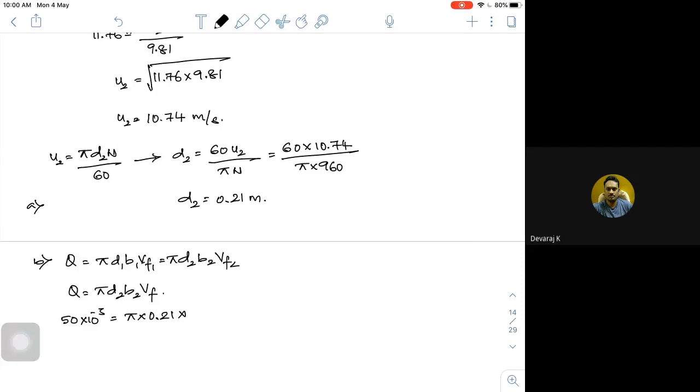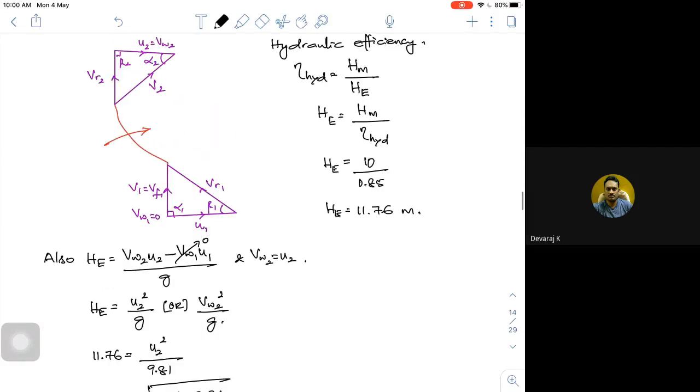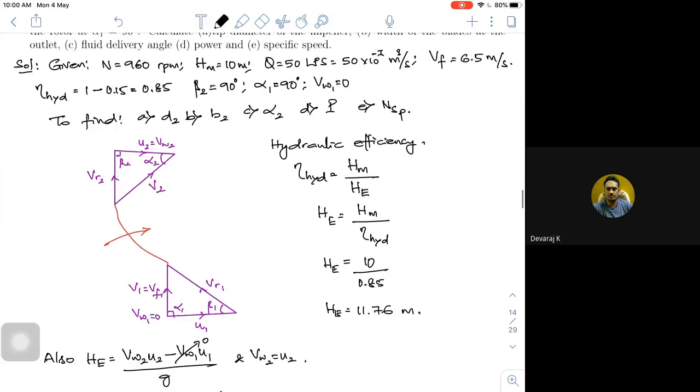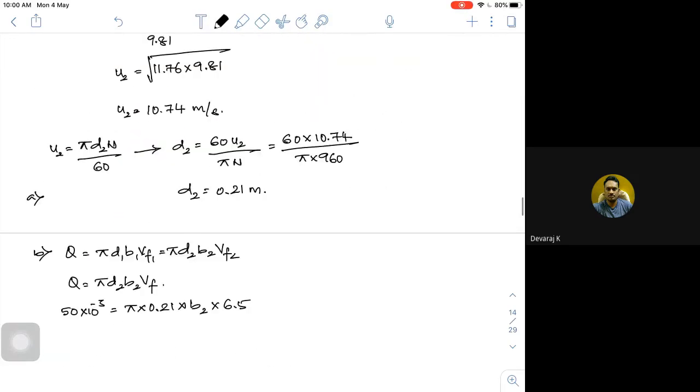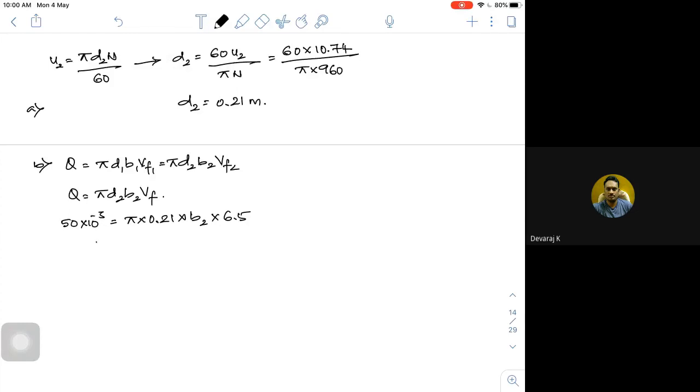I am supposed to find b2, and your Vf is 6.5. We found the Vf value, 6.5. So I can find b2. So b2 is equal to 0.011 meters.